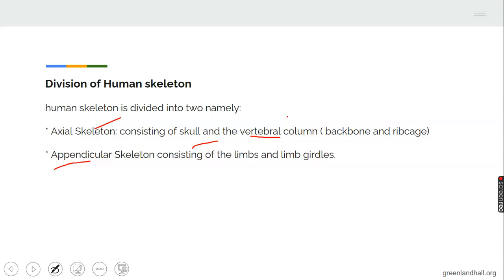The division of the human skeleton into two: the axial skeleton and the appendicular skeleton. Axial skeleton, we have the skull, the backbone and the rib cage. Appendicular skeleton, we have the limbs, the forelimbs and the hind limbs.